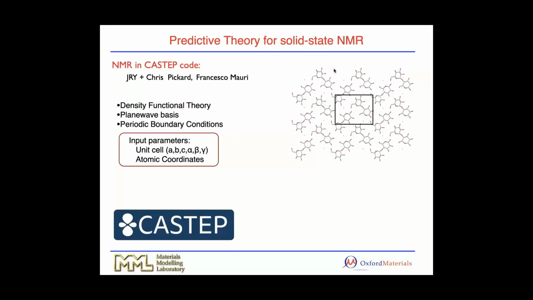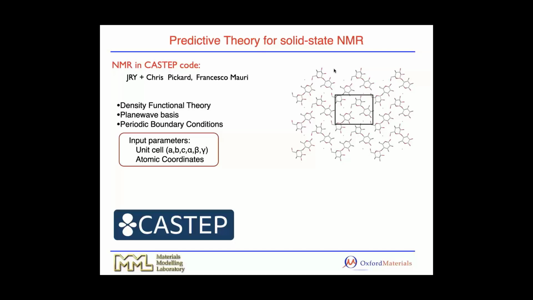So a number of years ago now, in collaboration with Chris Pickard and Francesco Mauri, we developed a set of computational approaches in order to predict NMR parameters truly in the solid state. CASTEP was at the forefront of this because, with Chris and I as developers of the code, it was natural for us to implement these theories first within CASTEP.